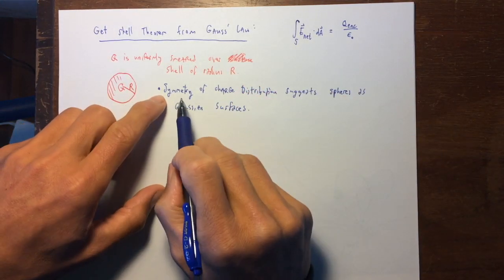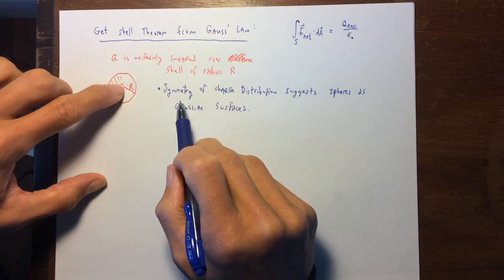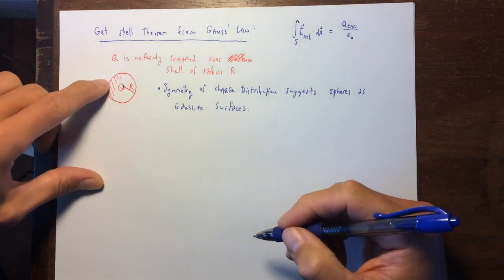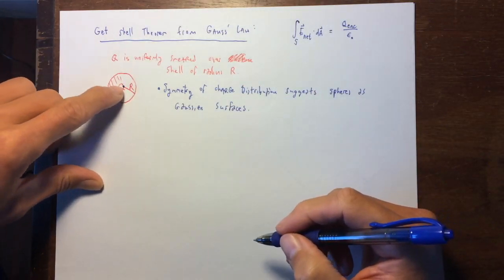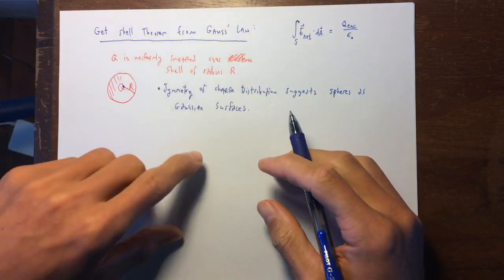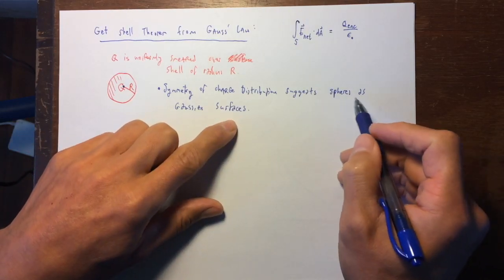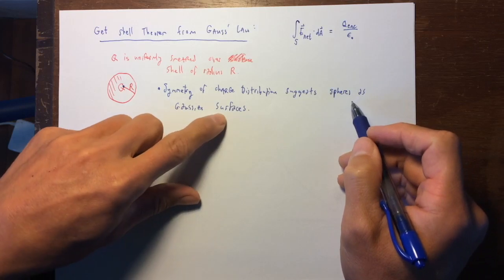What's more is the symmetry is limited to this center. So the center of the charge distribution, there's only one center in a sense. I know that's funny to say. But these Gaussian surfaces are spheres, right?